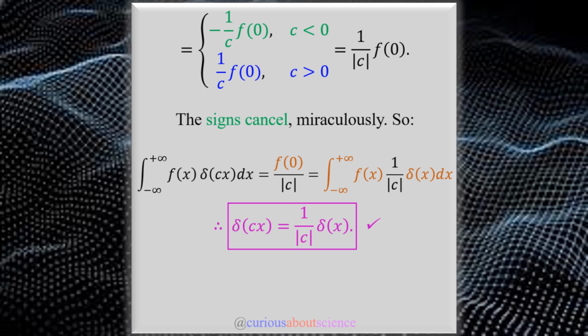So what does this mean? Well, here d1 is our delta of cx term. This is our integral 1 on the left-hand side from the definition on the first page. And then d2 is equal to, once we shove this constant back in after resubbing in the orange term for the integral expression as a whole, what we see is that 1 over the magnitude of c and the delta come together, and that forms our d2.